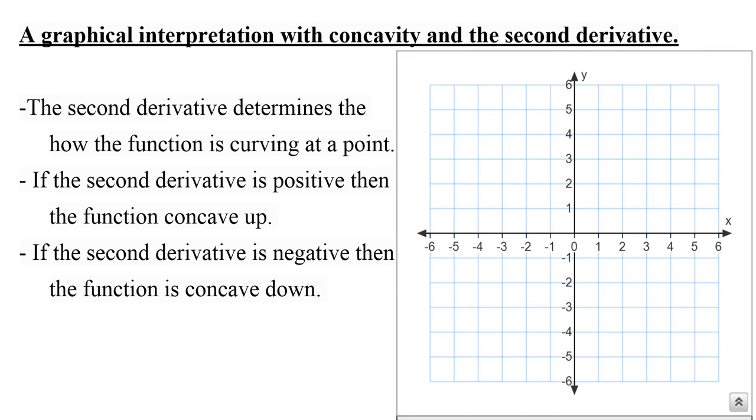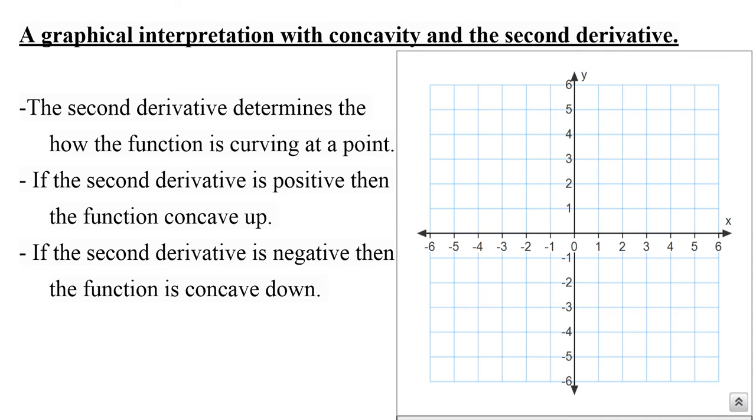All right, so let's talk about concavity as far as a picture. The second derivative determines how a function is curving at any given point. The first derivative determines the slope of a tangent line. The second derivative determines how it's curving. If the second derivative is positive, then the function is concave up.